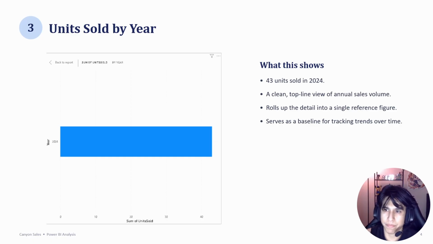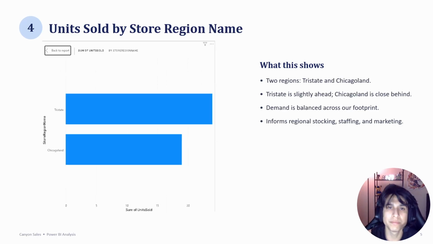And rolling everything up into an annual level like this is helpful because it strips away the day-to-day noise and gives us a general baseline. As we bring in more data over time, this same view will let us track how our sales are trending from one year to the next.